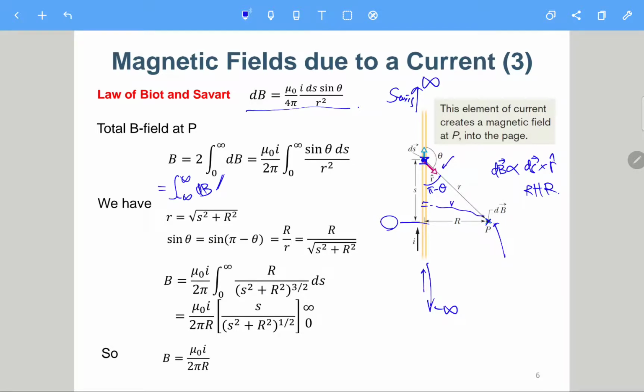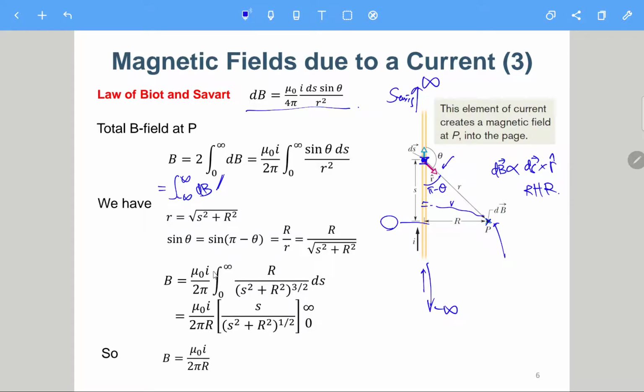Capital R won't change. S and small r are changing together. So we can keep capital R, but not small r. For sine theta, we substitute by this term, and small r we exchange by the square root of s squared plus capital R squared.